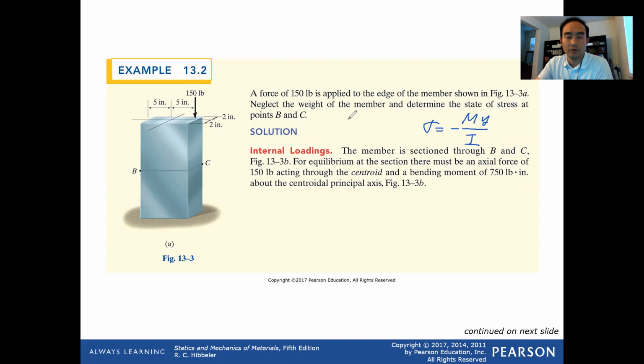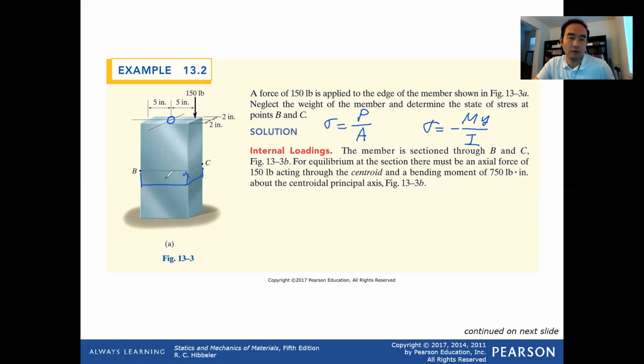We also learned in the first chapter of this class about stress. We talked about the normal stress due to the axial force, and the equation was sigma is equal to P over A. In this problem, if the 150-pound force were applied exactly at the centroid of the section, then we would have exact and uniformly distributed stresses all over the area, which looks something like this.